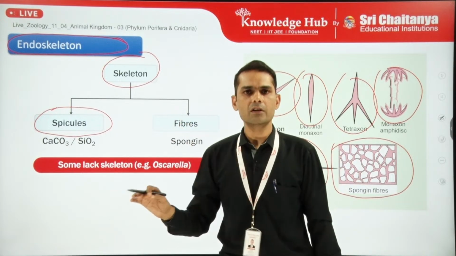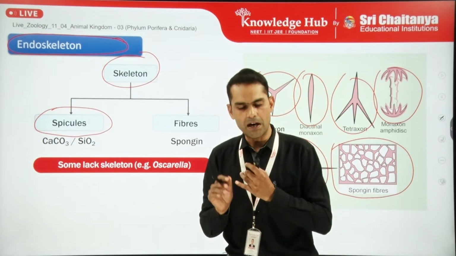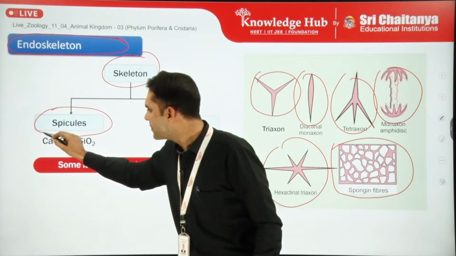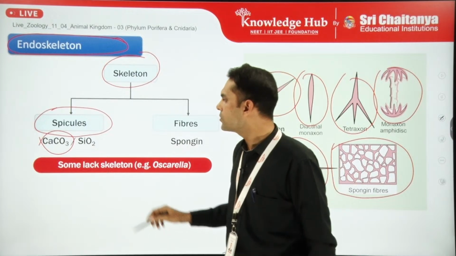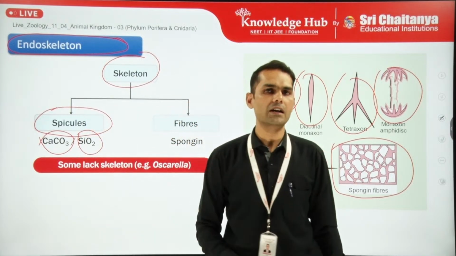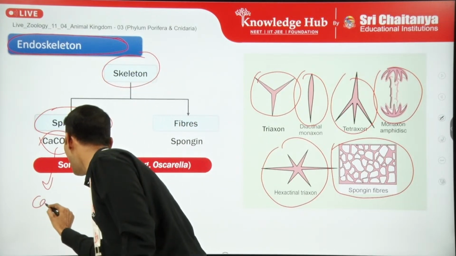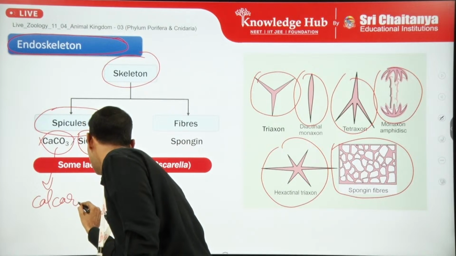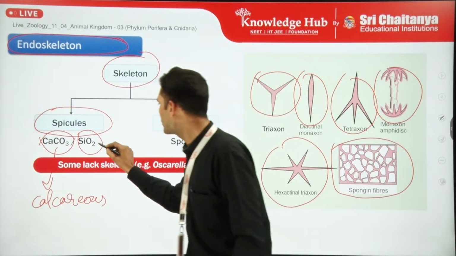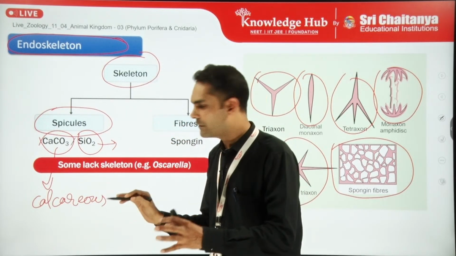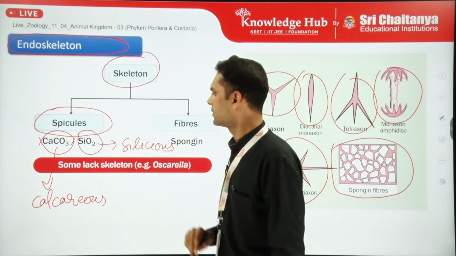Now, spicules on the basis of composition can be categorized into two parts. Those made up of calcium carbonate will be called calcareous spicules, and those made up of silica will be called siliceous spicules. I'll write it down. Those made up of calcium carbonate are calcareous, and those made up of silica are siliceous.